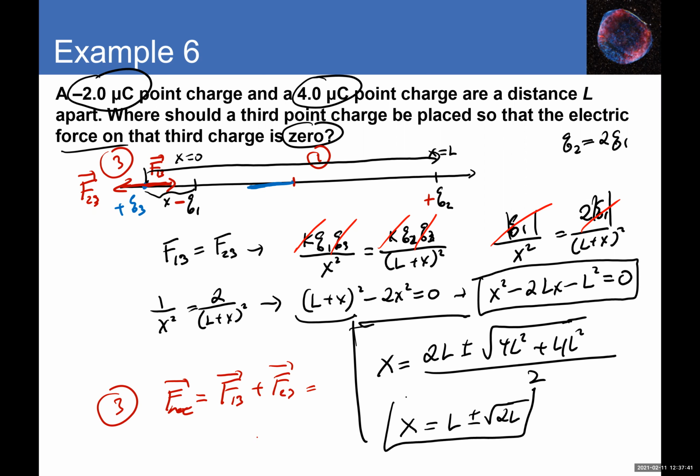And that will be the expression for finding the position where particle 3 can be placed and have no force acting, basically be in equilibrium.